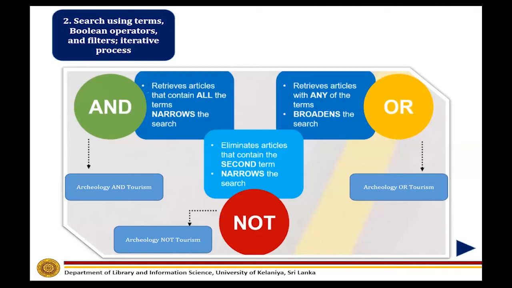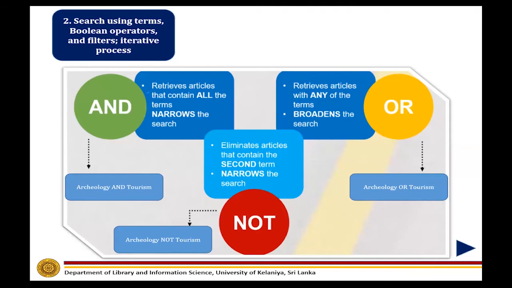And apart from that, there are a number of filters available along with our advanced searching facilities in the relevant databases, or with the advanced search option in Google Scholar and other search engines, right? So this is the kind of strategy that you need to build up, or train yourself with those skills.